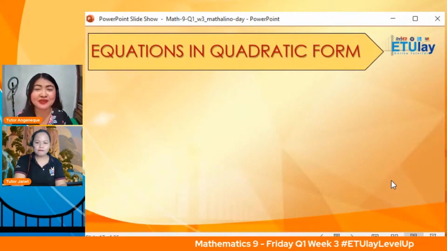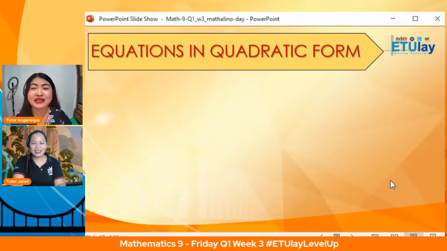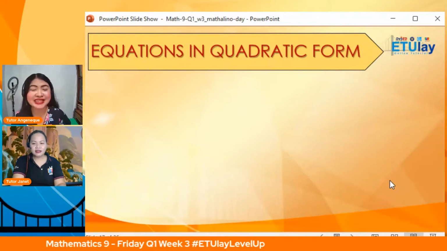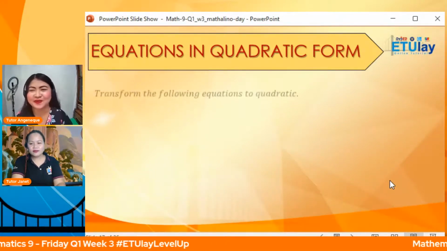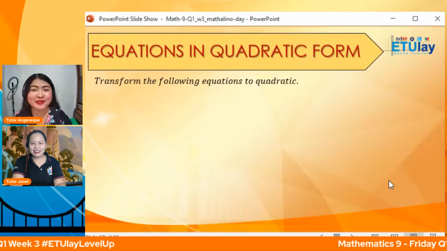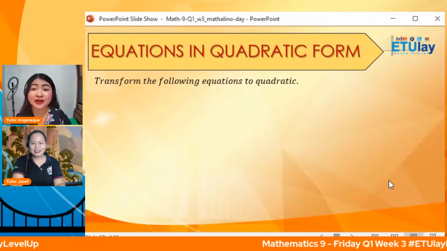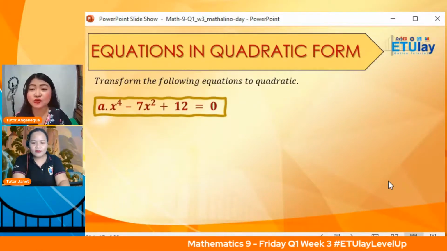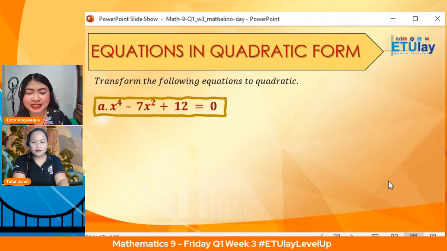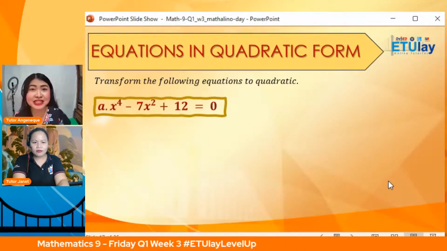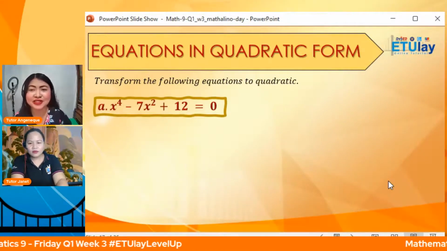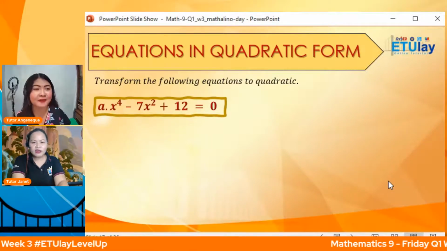Alright. Tutor, dito naman po tayo sa another lesson. Equations in quadratic form. Okay. So let's try to transform the following equations to quadratic. Kung napapansin natin, x raised to 4, hindi na siya quadratic equation, di ba, tutor? So ang highest exponent niya na ay 4.